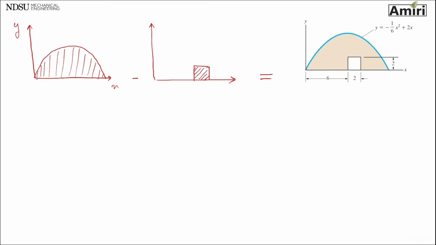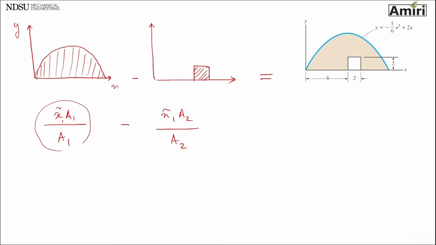So it's summation of x tilde area, something like this, minus x tilde 1 area 2.